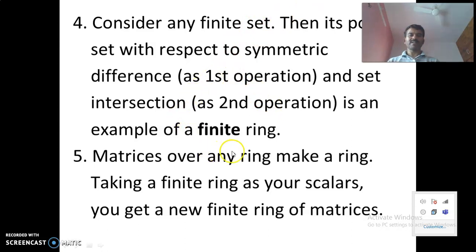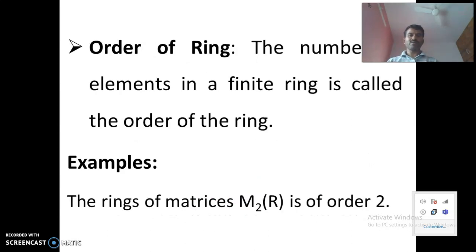Matrices over any ring make a ring. Taking a finite ring as your scalars, we get a new finite ring of matrices. And what is the order of a ring? The number of elements in a finite ring is called the order of the ring.